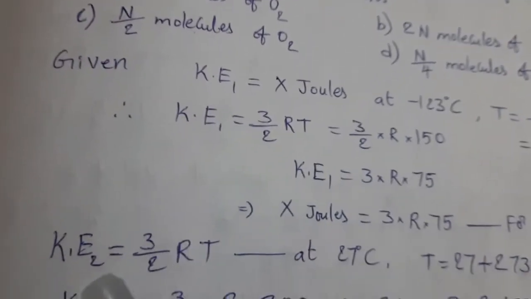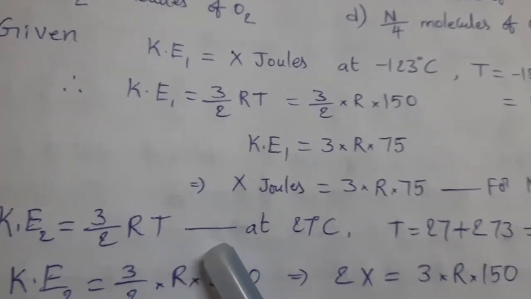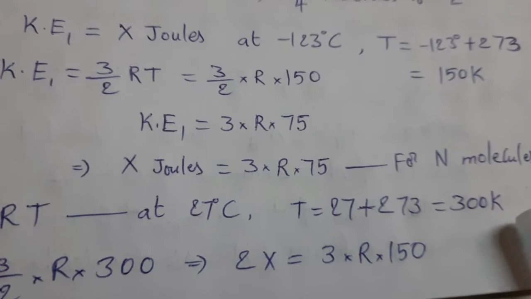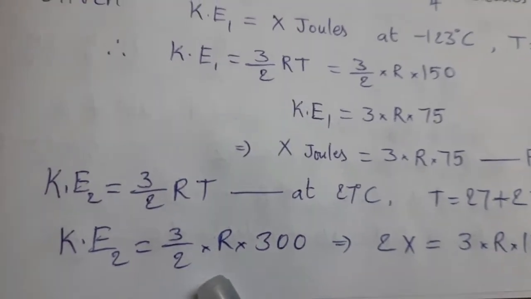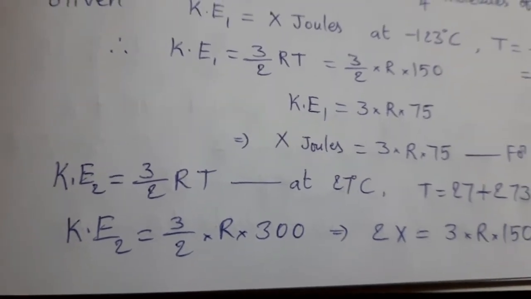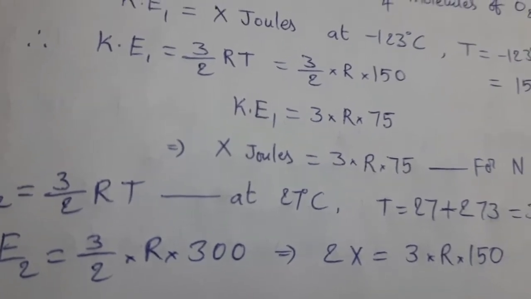N molecules of O2. Now Ke2 equal to 3 by 2 RT. Here temperature is 27 degrees Celsius, in Kelvin scale 300 Kelvin. So substitute this value: Ke2 equal to 3 by 2 R into 300. In the second case, the kinetic energy is 2x joules.